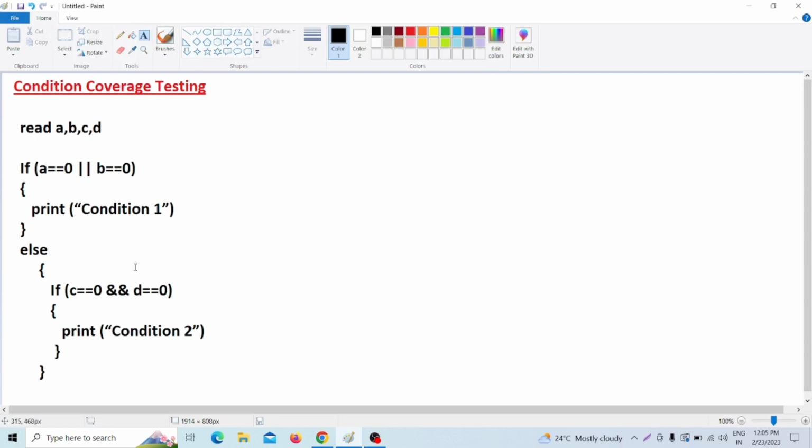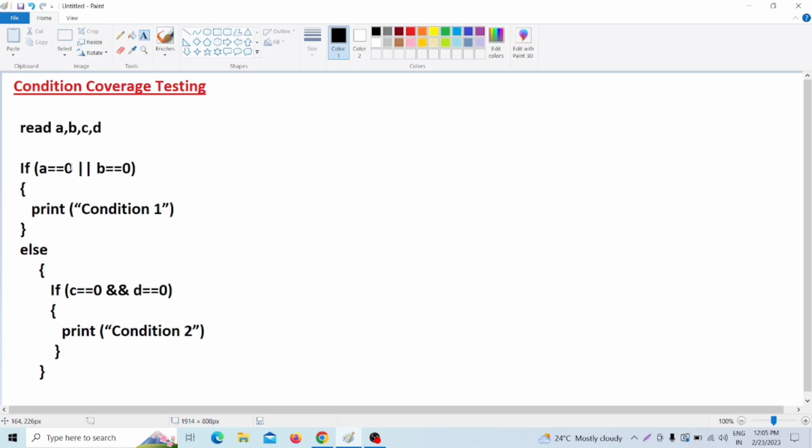When we talk about conditions, we can use them in an if condition, in a switch condition, or in a while loop. In our example, we are using if conditions.